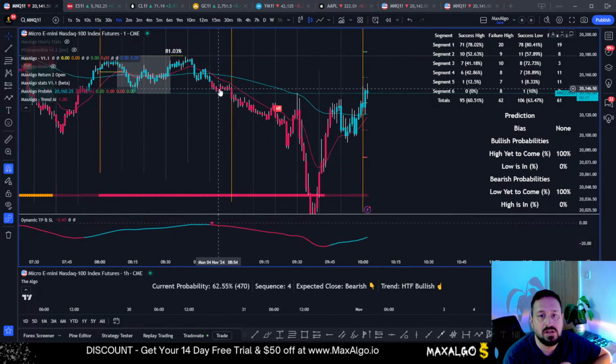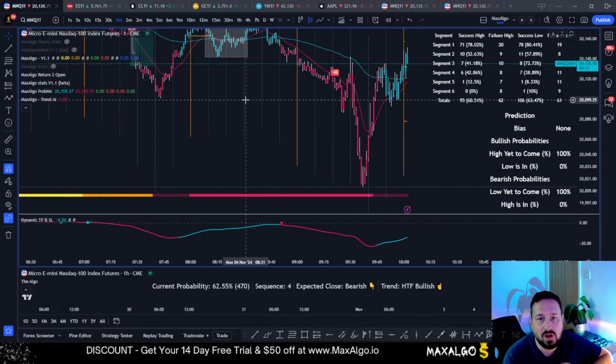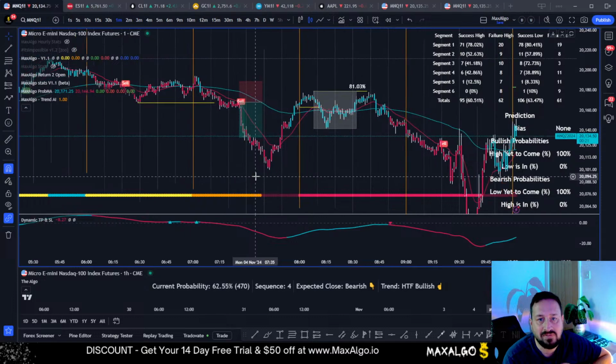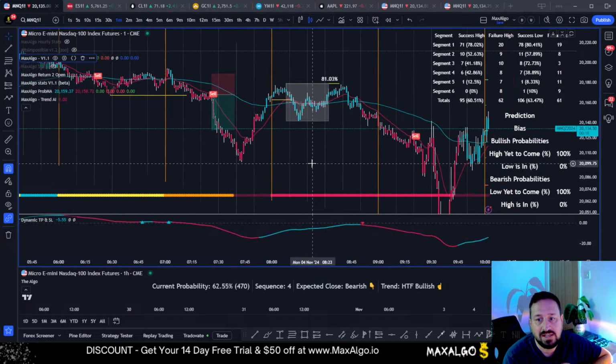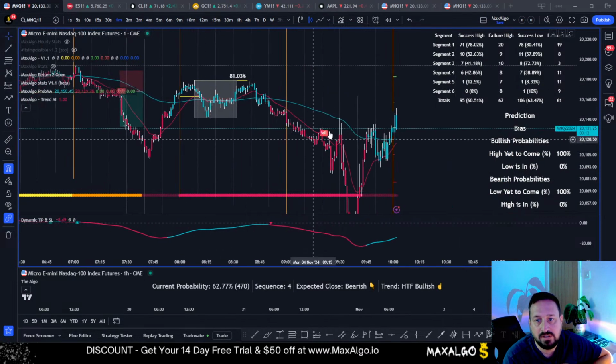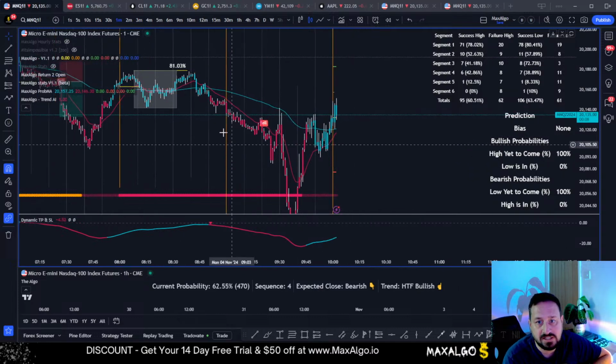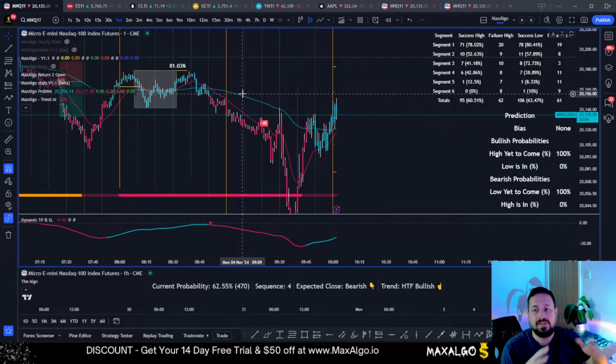Sequence 1s, when they happen early on, if you go back and use your replay and find your sequence 1s, you will see the data of the hourly playing out a lot more. You will see price at the top if we're bearish, price at the bottom, because they're usually very strong pushes, especially if they aren't with the time frame.